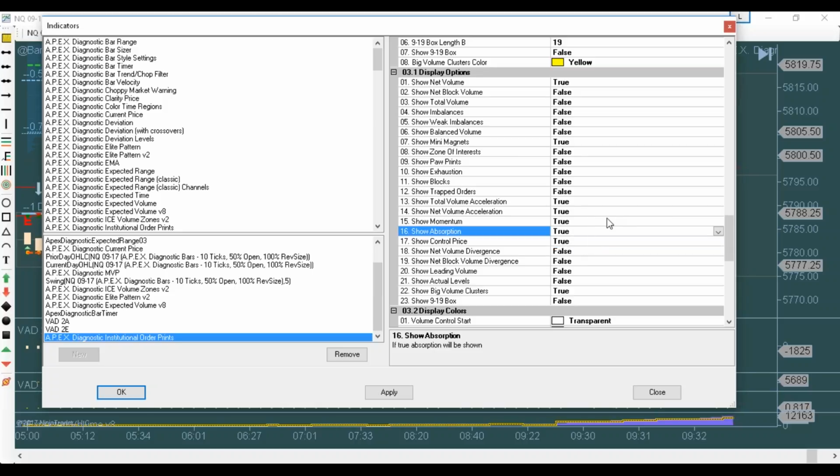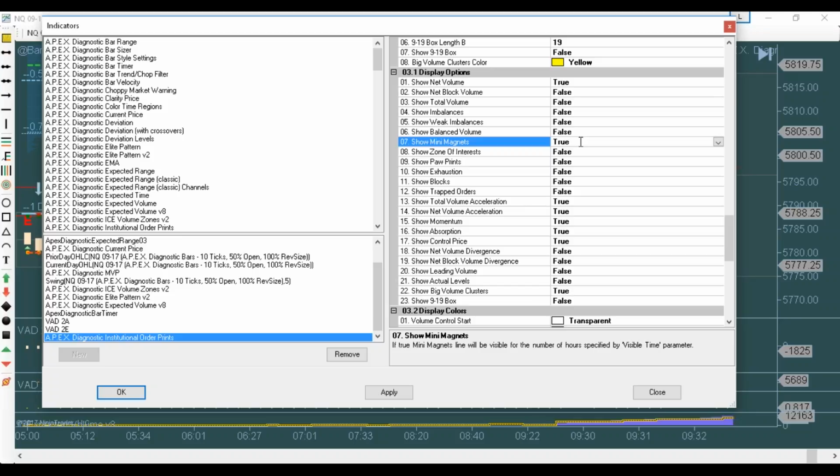The other thing you want is right here, show mini magnets. You'd want that to say true. Does that make sense? Do you see those two? I had mine on, but yours should both say true.